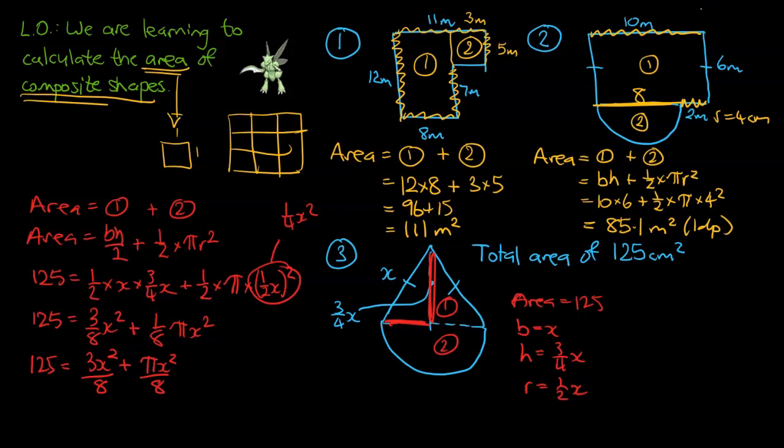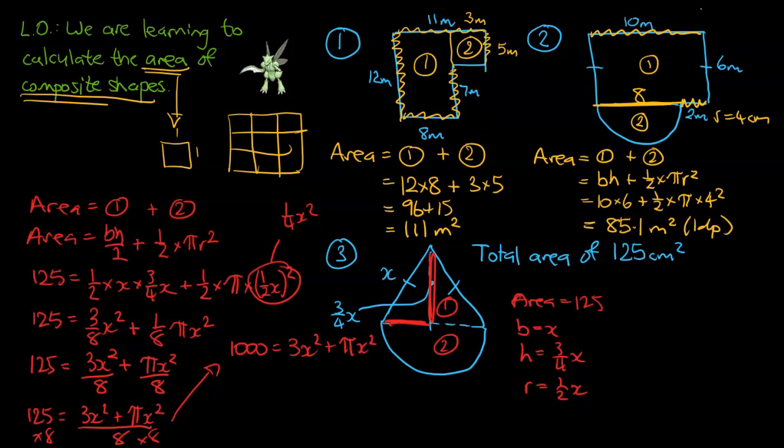I'm now going to add the numerators together. We may run out of working again. 125 is equal to 3x squared plus pi x squared, all of that divided by 8. We're going to move on up in this direction. I'm now going to go times 8 to get rid of that divided by 8. So 1,000 is going to be equal to 3x squared plus pi x squared.